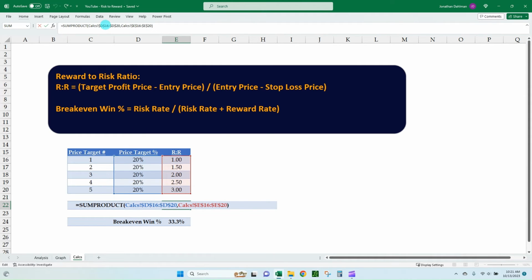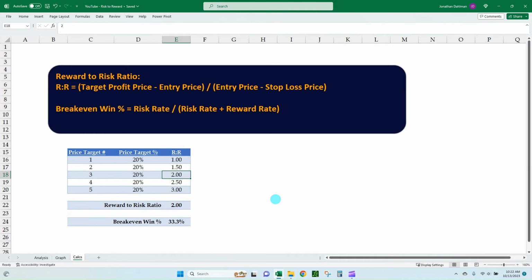So here I have D16 through D20, your price target weight percent, and then you put a comma, and then your reward to risk ratio, E16 through E20. That gets us a reward to risk ratio of 2. And then the formula is 1 divided by 1 plus E22. So that reward to risk ratio of 2 gets us to a break-even win percentage of 33.3.